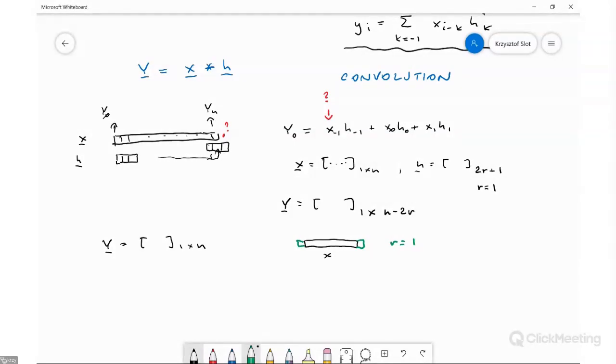And I'm saying that I'm doing padding. So if I would like my output vector to be exactly the same size as the input vector, I have to do padding. And padding is a term that will be frequently met in our further considerations.